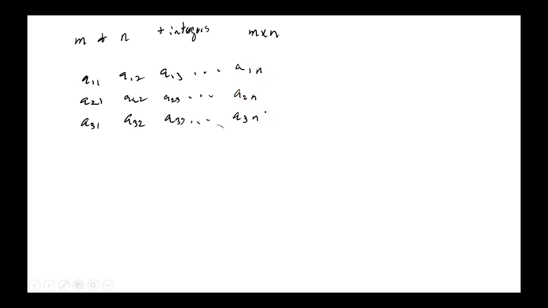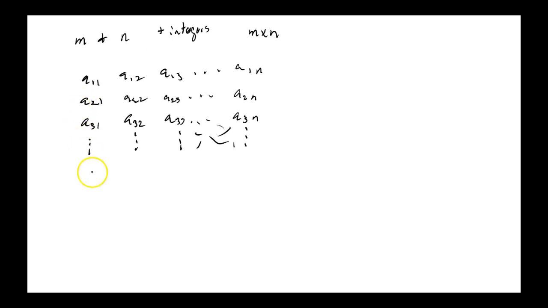Now, why N? We haven't gotten there yet, but I did say it. M rows, N columns. So your N is counting the number of columns you have. So that should be an N there. And then we're going to dot, dot, dot this down the page, and this across the page, wherever we need to go.